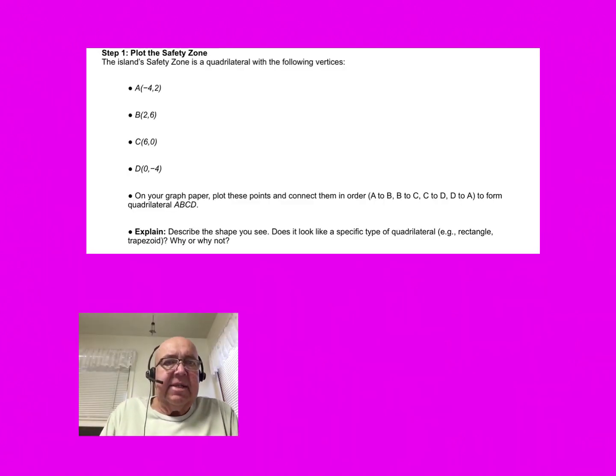The first thing is simply going to be plotting 4 points on a coordinate grid. I have graph paper by my desk available to you. You're going to plot these 4 points. Remember that the y values are up and down, x values are left and right.